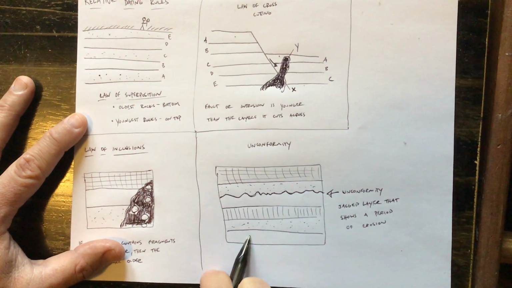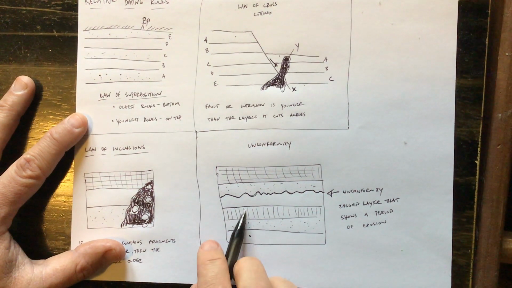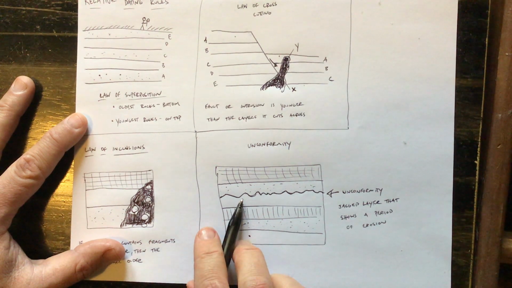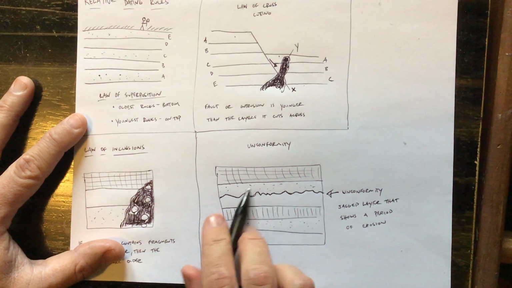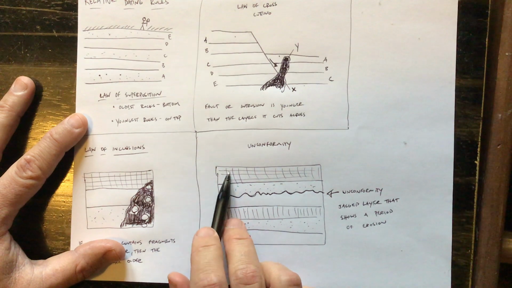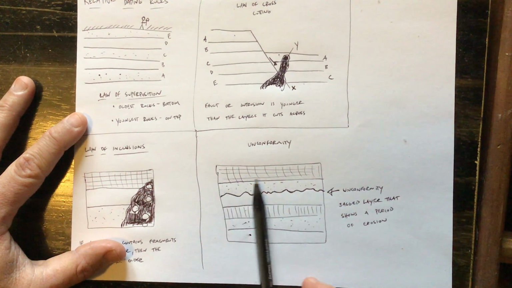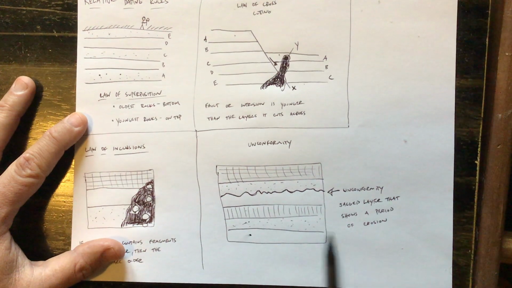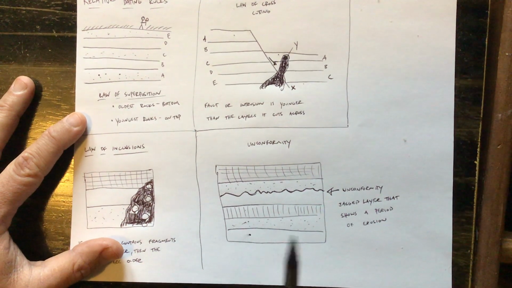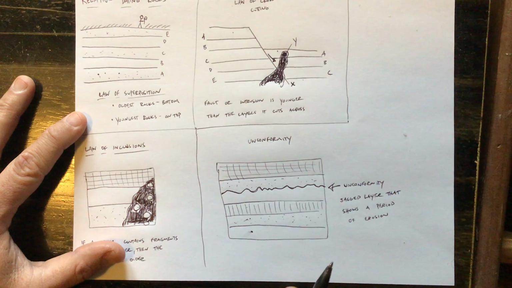So you can say like this layer is older than that layer, is older than this layer, is older than this layer, is older than the unconformity, and then after the unconformity, this layer formed, then this layer formed. What you don't know is if there may have been another layer that completely disappeared through the process of erosion. But that's how unconformities work.